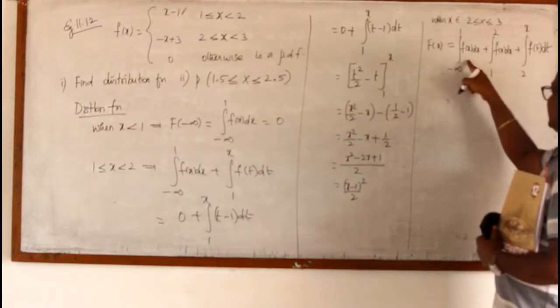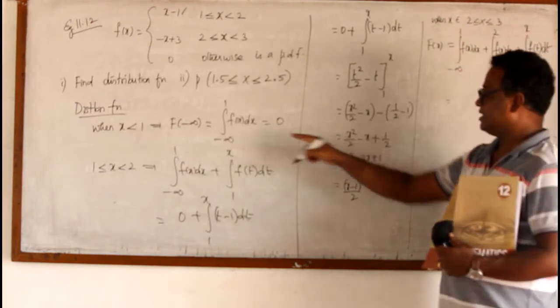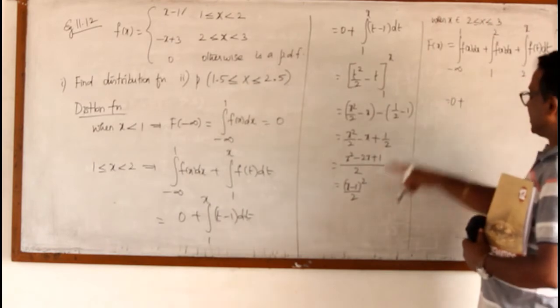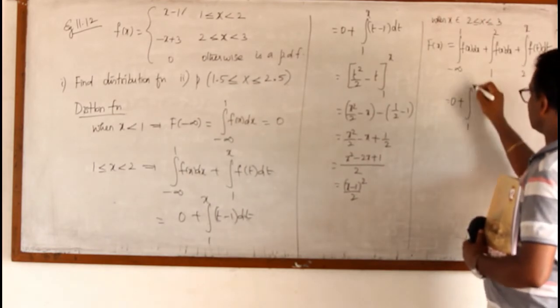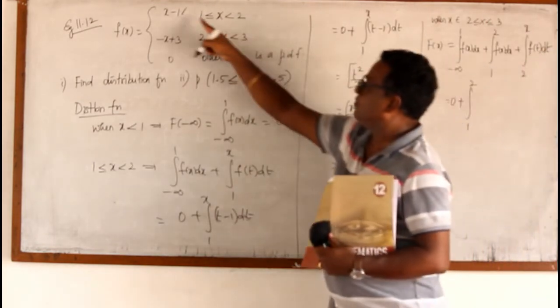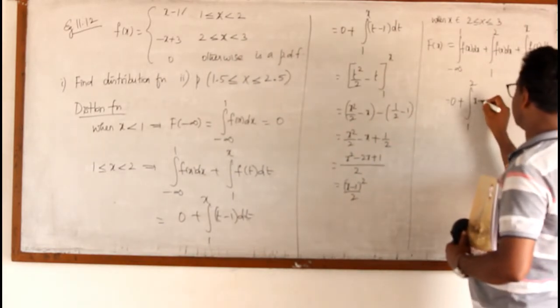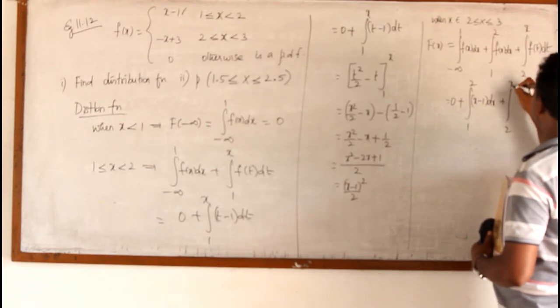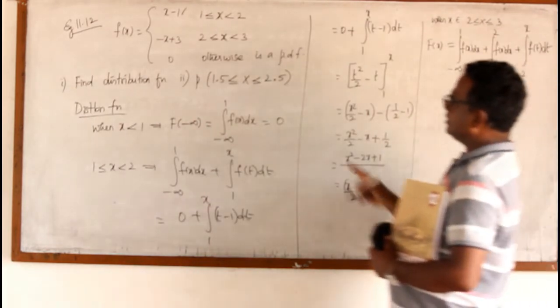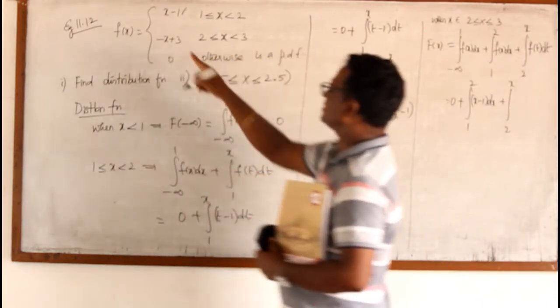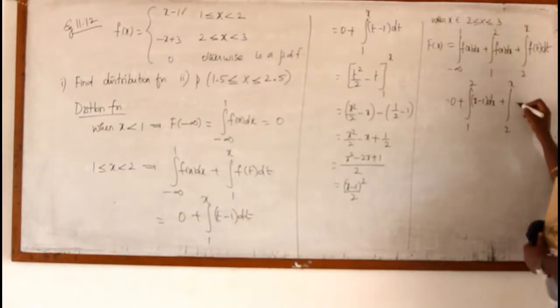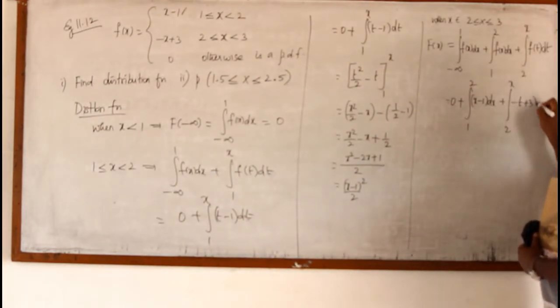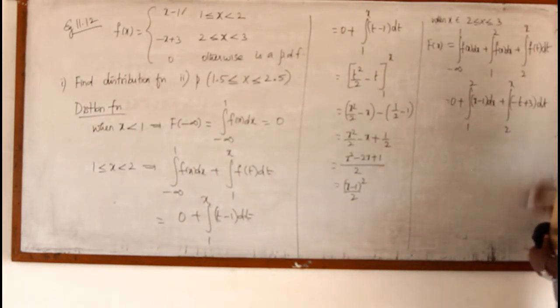Now the first is not existing, so it is 0. From 1 to 2, the function is x minus 1 into dx. From 2 to x, I must convert everything into t. From 2 to 3, the function is minus x plus 3, in terms of t it will be minus t plus 3 into dt.